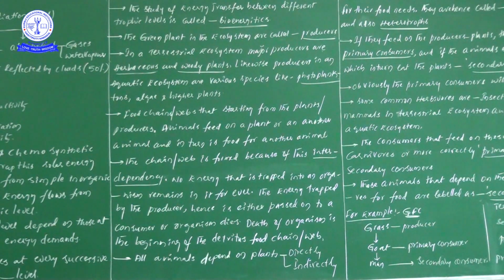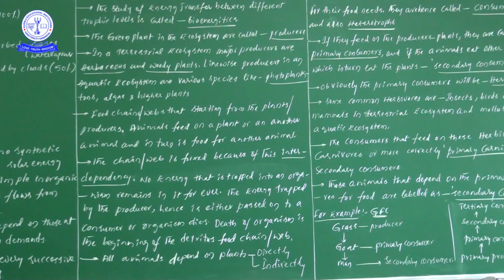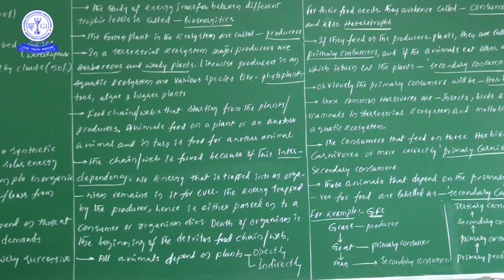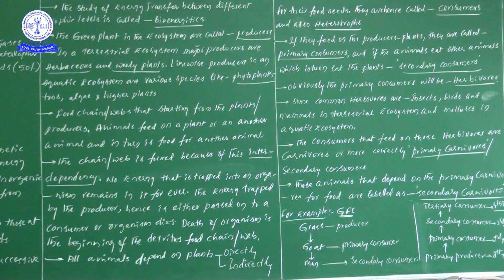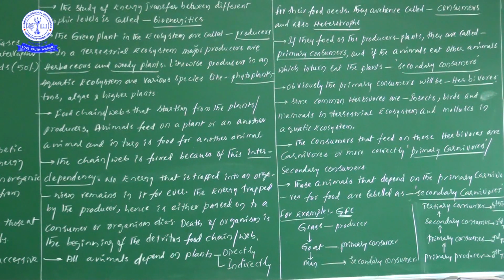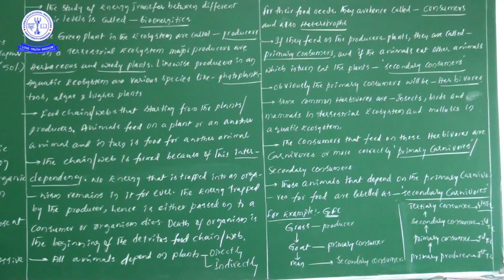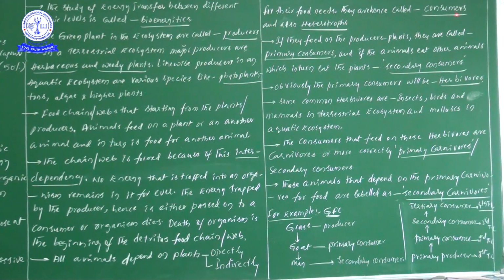All animals on the globe, 100%, directly or indirectly depend on the producers for food needs. So try to save that particular point in your mind. Next one, they are hence called consumers.